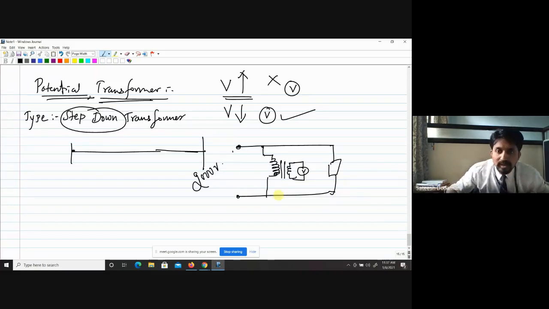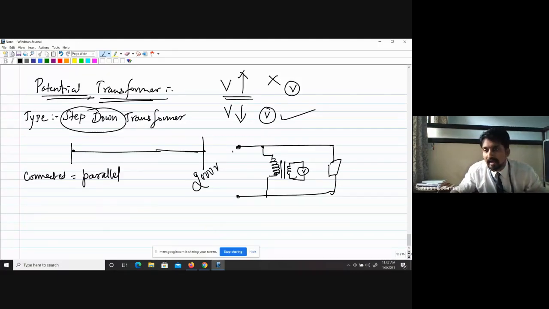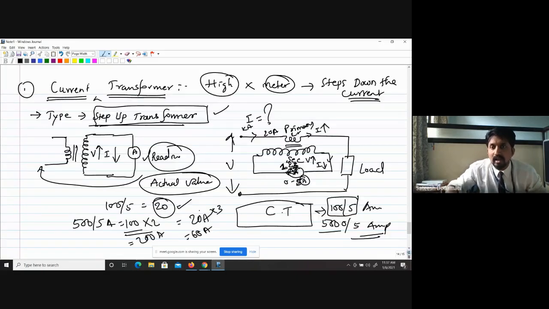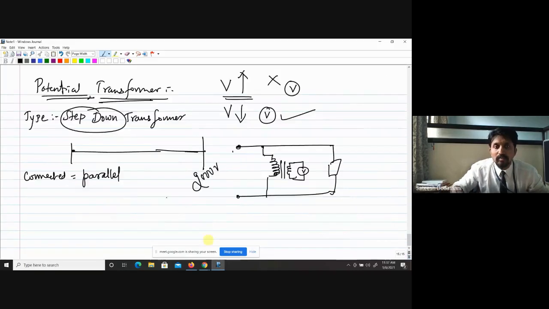See, this potential transformer will be connected in parallel to the load. Parallel. It will be connected in parallel. And the current transformer, you have seen how it is connected. It is connected in series actually. So the current transformer will be connected in series with the line, and this potential transformer will be connected in parallel.